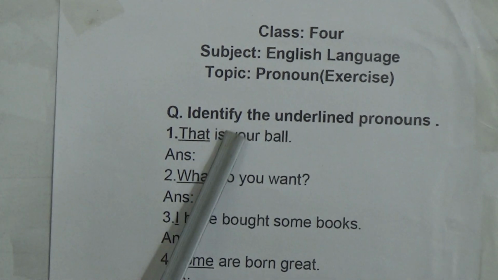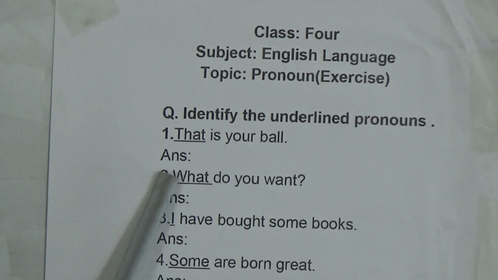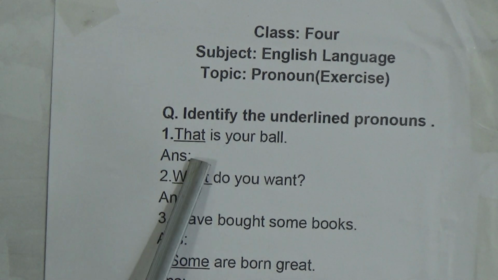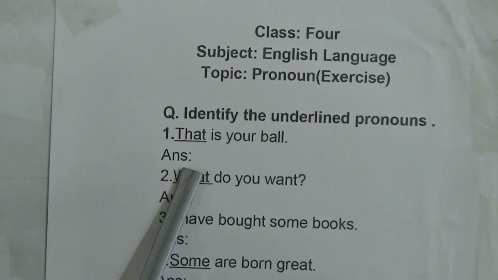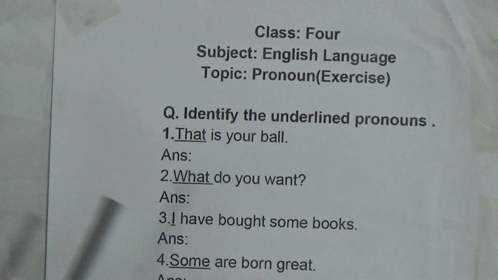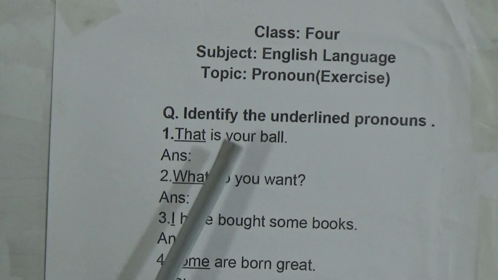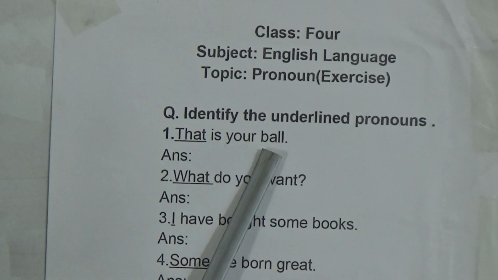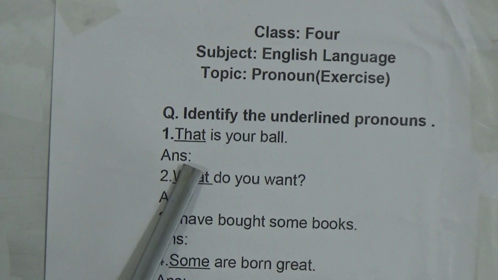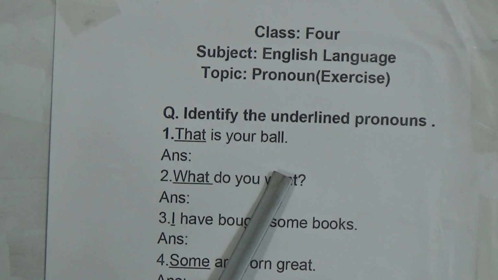The word that is underlined. So what type of pronoun is it? Do you know? Now look at the word that. It points out the ball. That is your ball, right? It points out your ball. So it refers to that ball. That means it points out that ball.